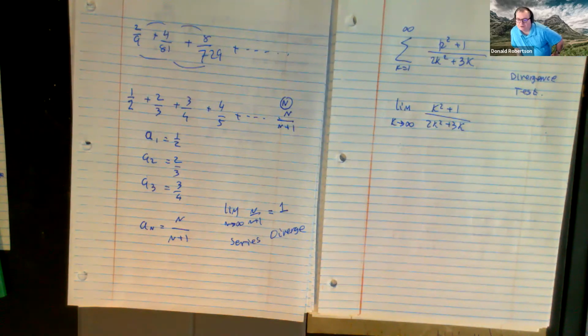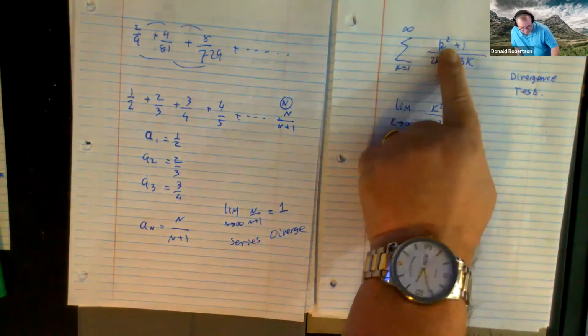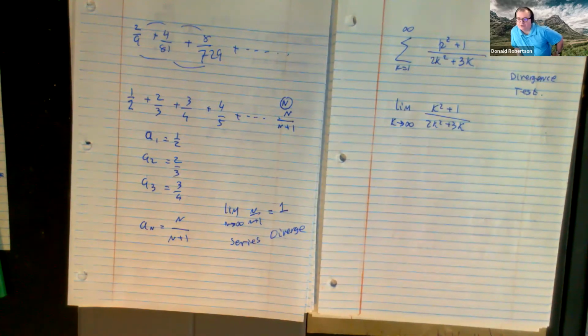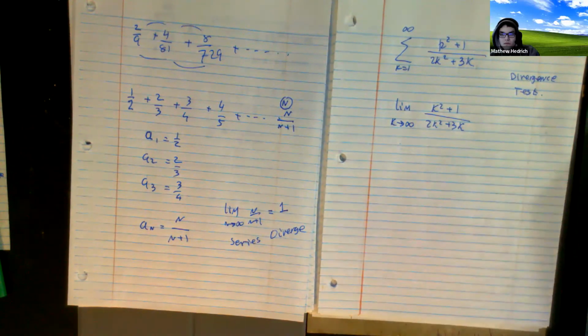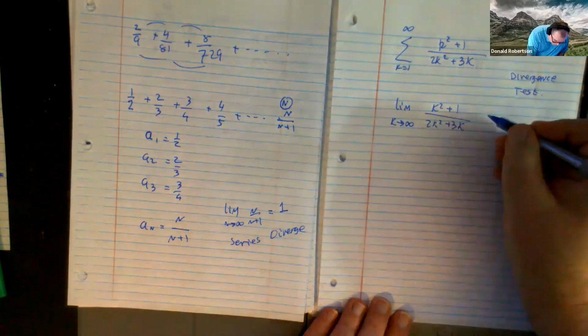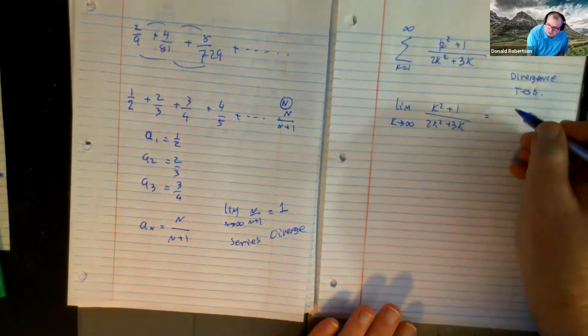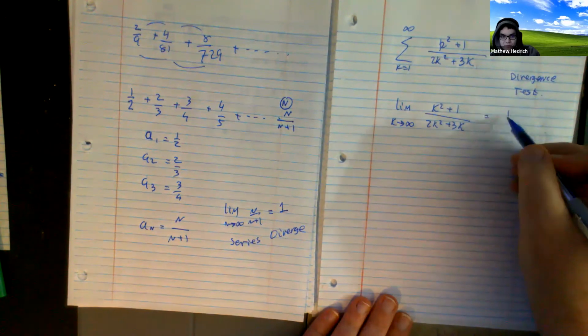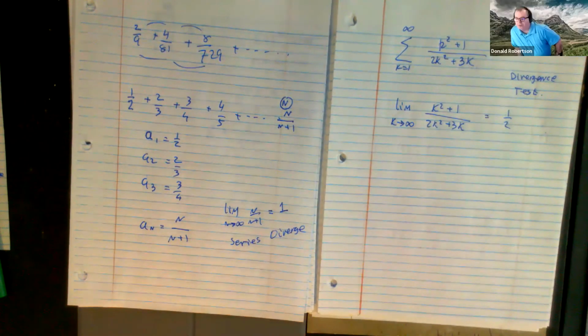What is the limit of that expression, the individual terms, as K goes to infinity? Half. Say it again. I think you said it right. I just didn't catch it, Matthew. A half. Couldn't you divide top and bottom by K squared to prove that to me? Or L'Hopital a couple of times? Since it is a half, does that mean this converges or diverges?